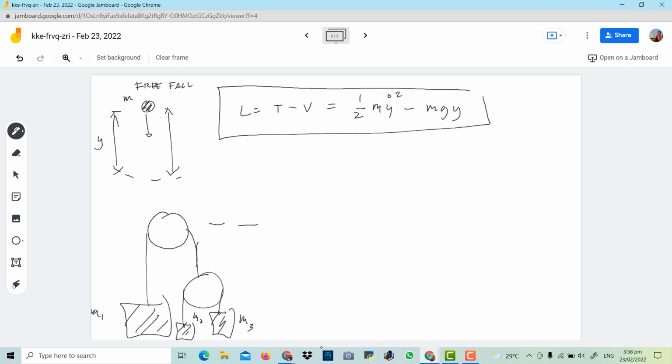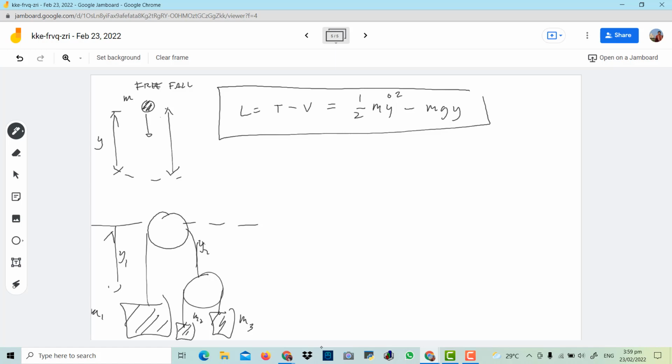So I use y1, y2, and so on. Then do the math comparing all of the lengths, then get the Lagrangian by taking the kinetic energy of M1, plus kinetic energy of M2, plus kinetic energy of M3, minus the potential energy of these three. You will get the Lagrangian.